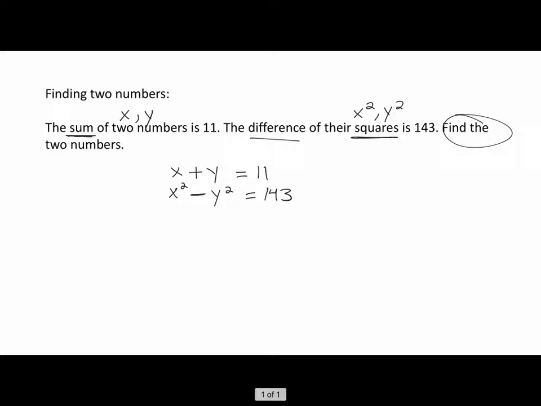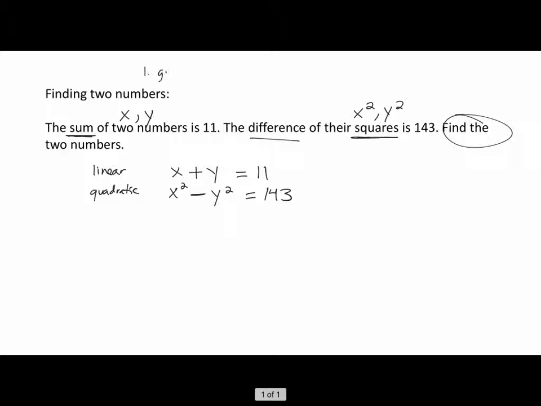That sets up two equations here. The first equation is linear. The second equation is quadratic. So in chapter 4, there were systems of linear equations, and there were three ways that we could solve a system.